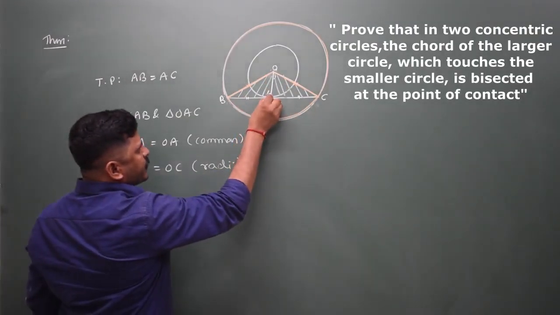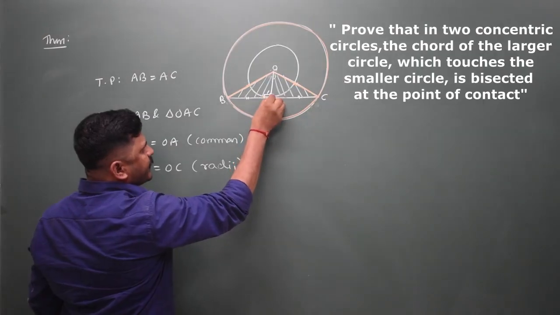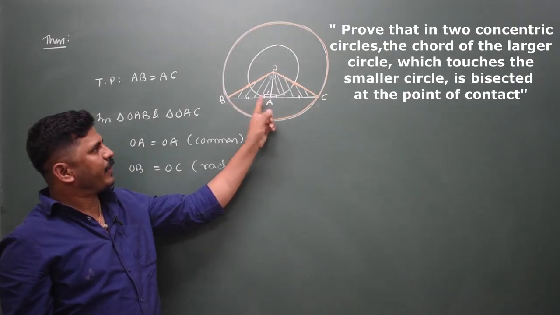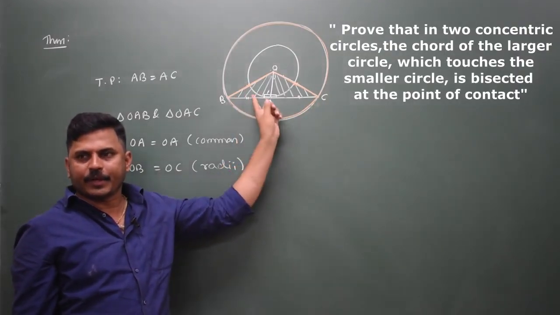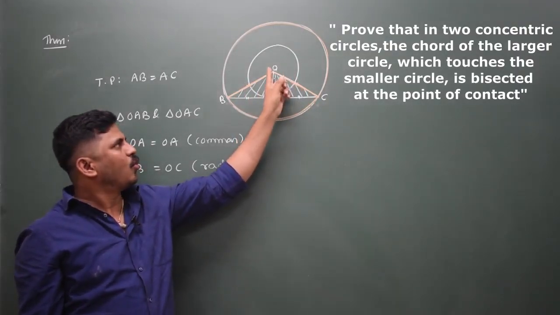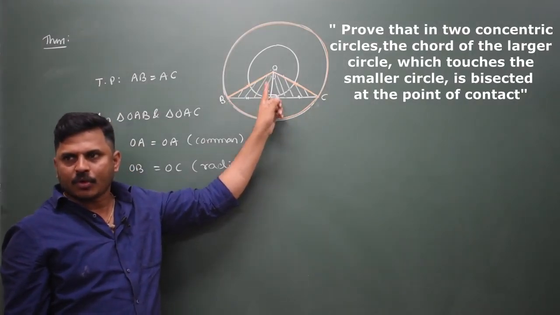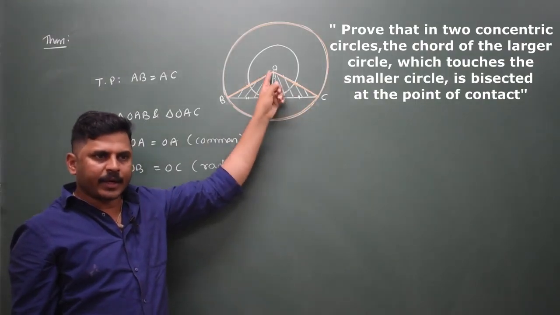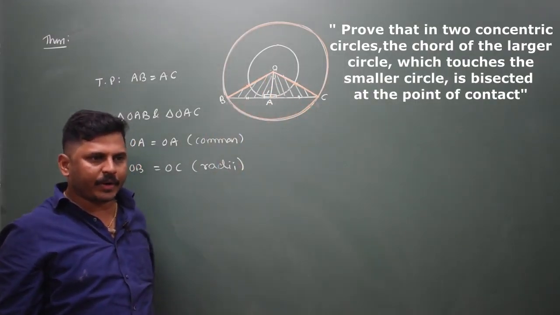Now my question is, is it 90 degrees? Why? Because a radius is always perpendicular to the tangent. BC is a tangent. OA is a radius. Radius is always perpendicular to the tangent.